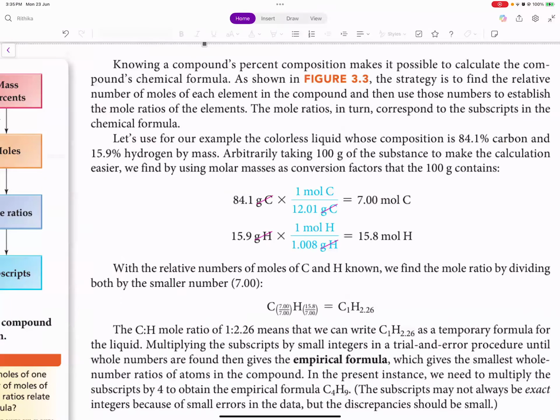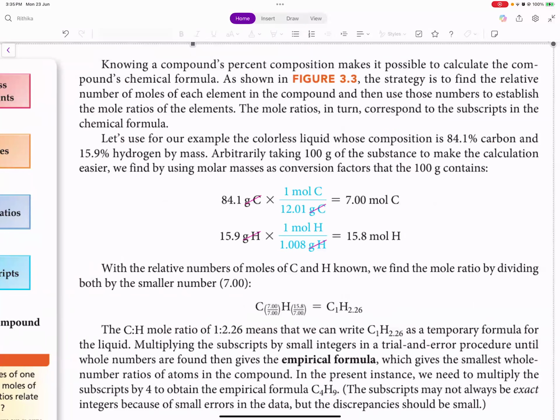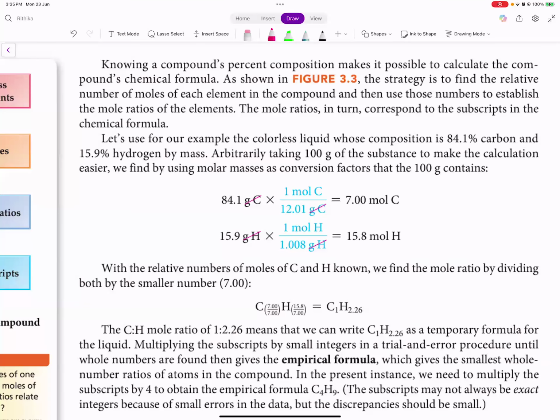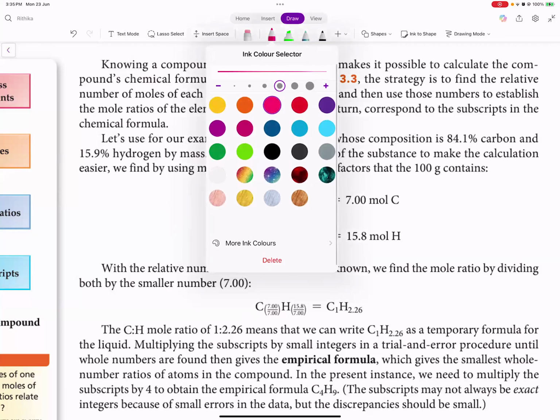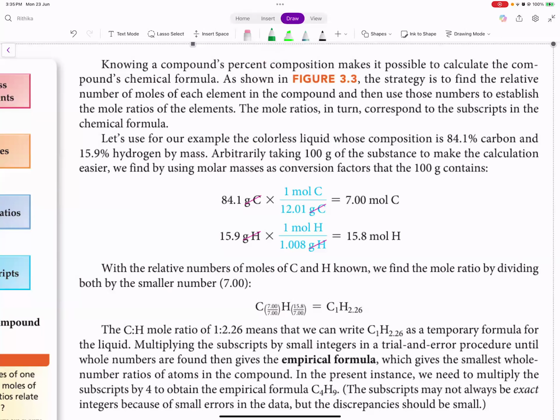After that, what we will do is calculate the moles. If our colorless liquid, whose sample we considered, had 84.1% carbon and 15.9% hydrogen by mass, we immediately took 100 grams because it makes it easier for us.